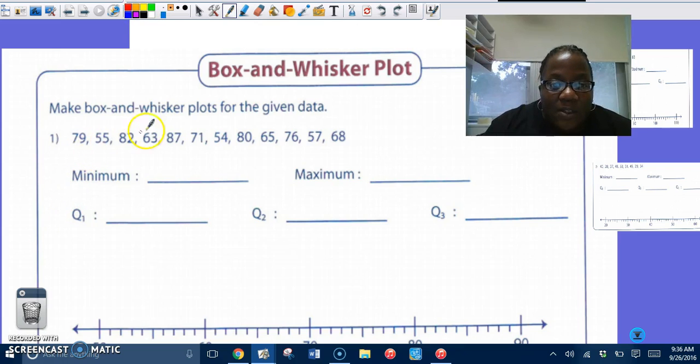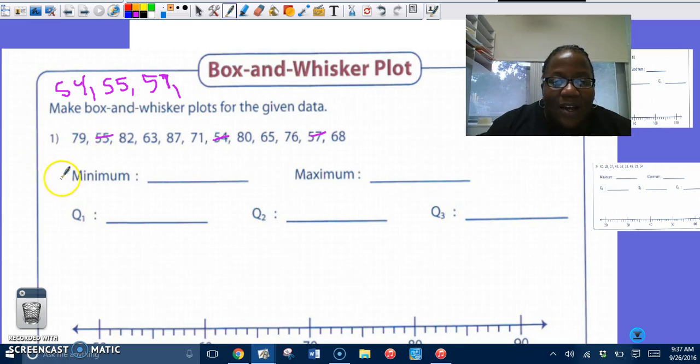All right, so our smallest number, 54. Looks good to me. Then it looks like it's 55. And then it looks like it's in the 60s. Nope, 57. I knew that. I hear you, Mira. 57.